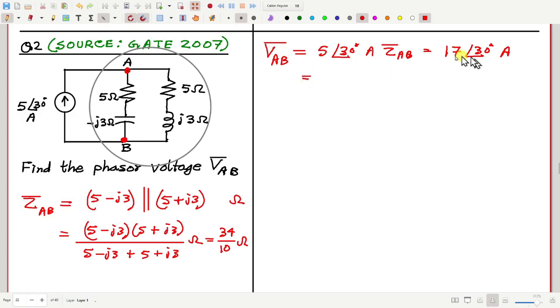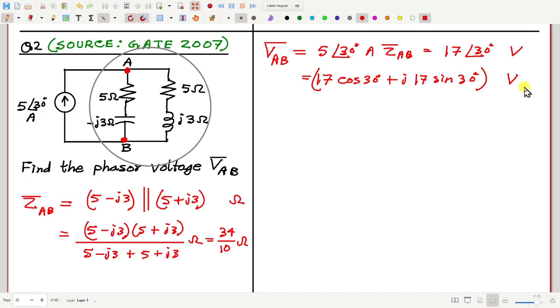If you want, you can also write it in rectangular form. That will be 17 cosine 30 degree plus J 17 sine 30 degree. It would be volt, yes. Thanks a lot.